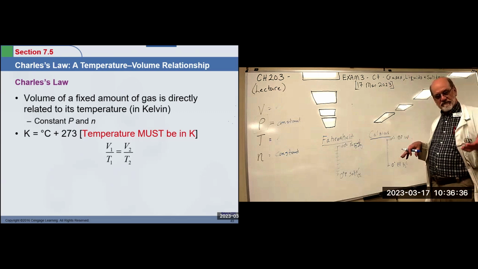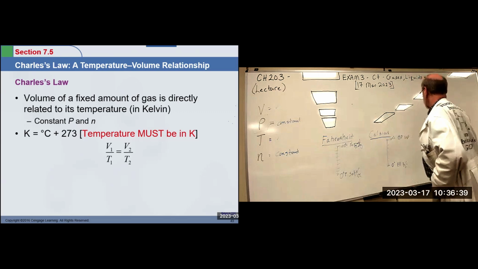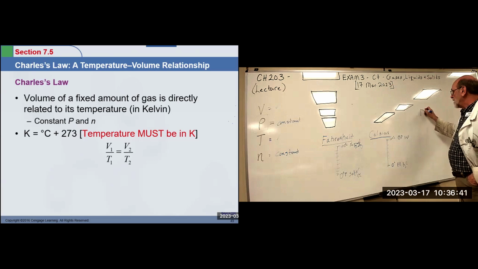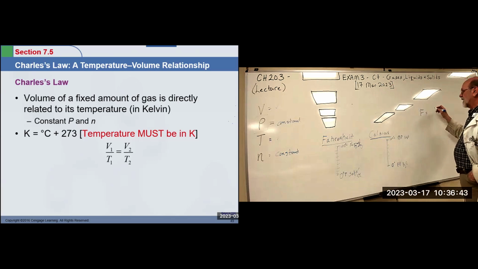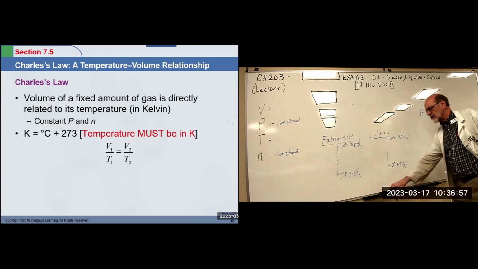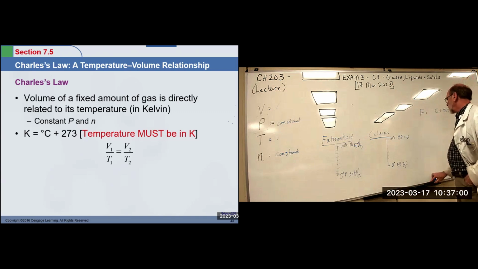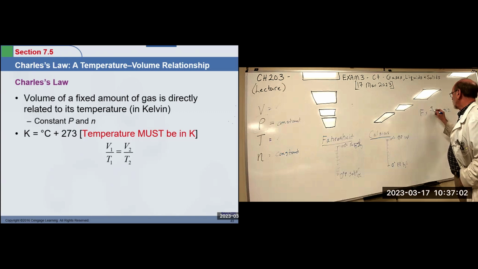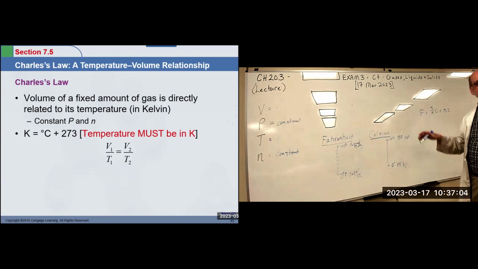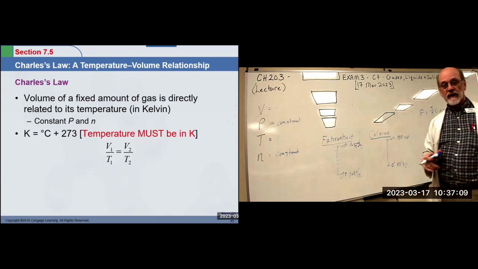So when we set up our conversion from one to the other, this is the one I memorized. So Fahrenheit temperature is 5/9 of Celsius plus 32. Oh, excuse me, that's not right. 9/5. Sorry, it's 1.8. You may see it in textbooks.